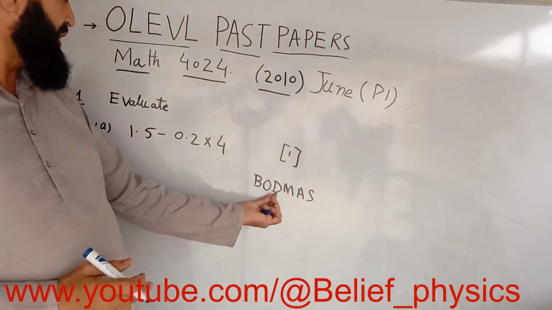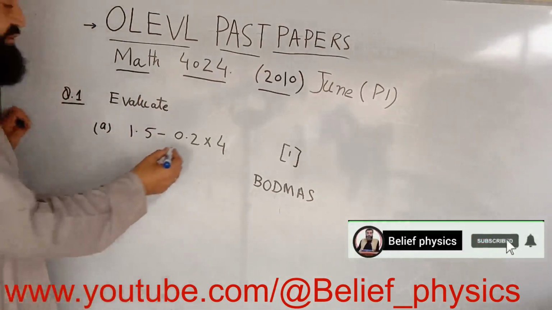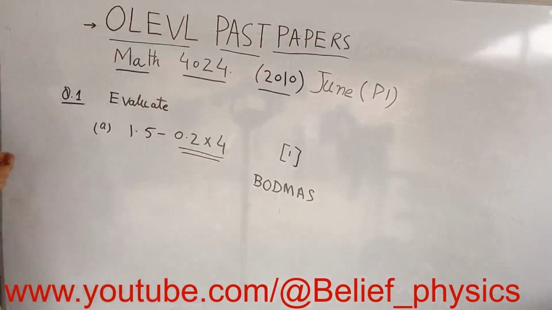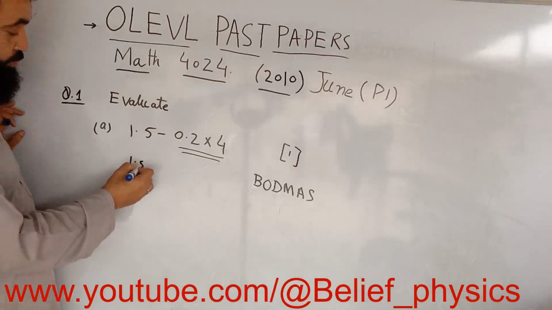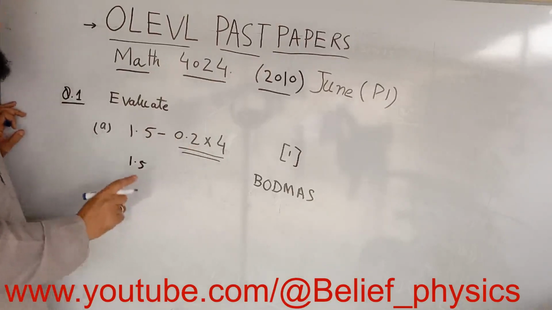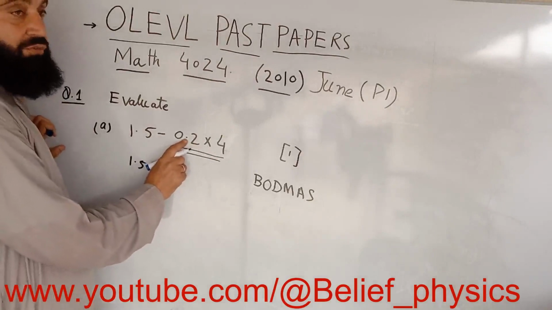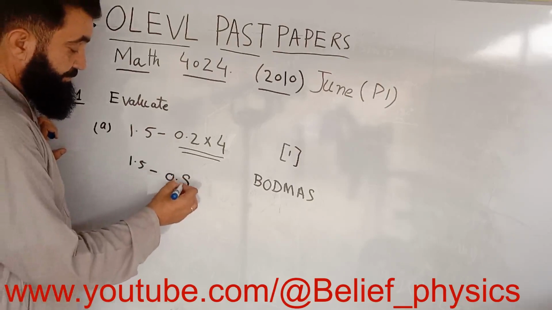Division is also not there. Multiplication is first, so we will multiply these two numbers. 0.2 into 4: 4 twos are 8. The decimal point is after one digit, so it will be 0.8.